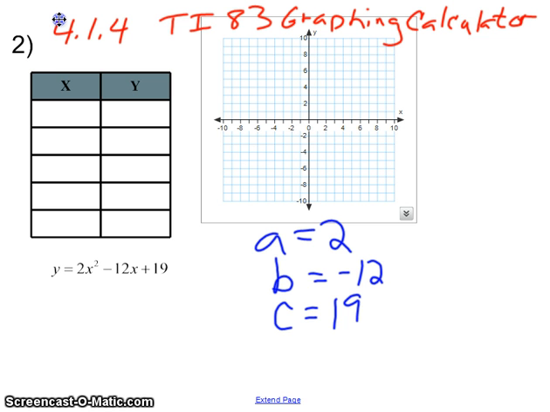All right, so now we are going to calculate the x-coordinate of the vertex. So I have x equals negative b over 2a. We're going to plug in our values of a and b.